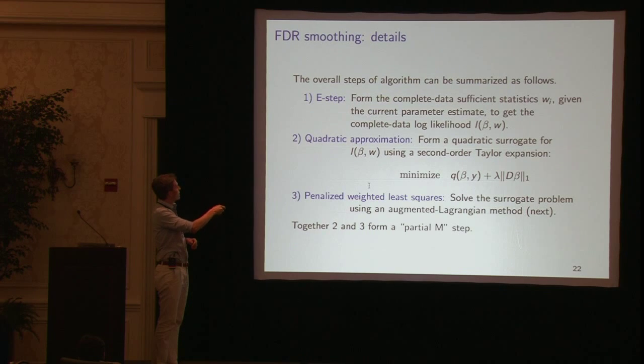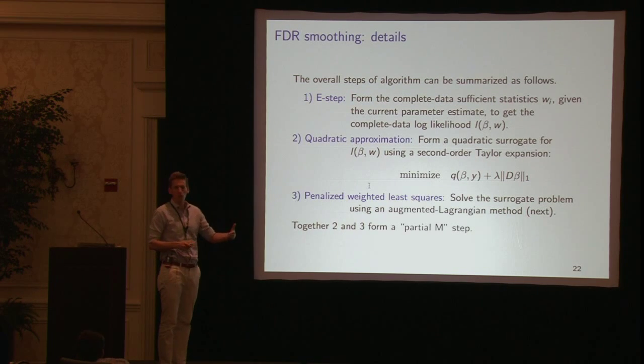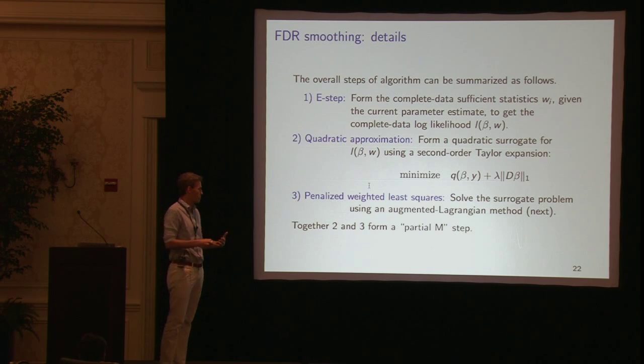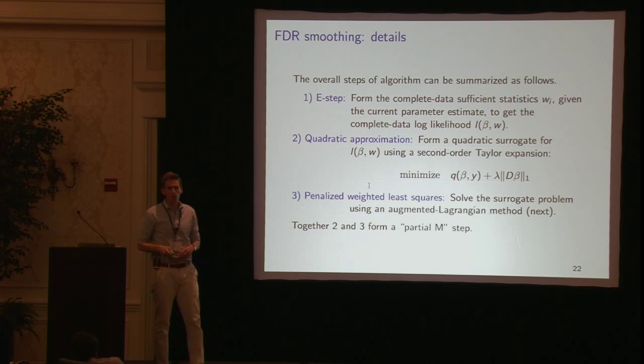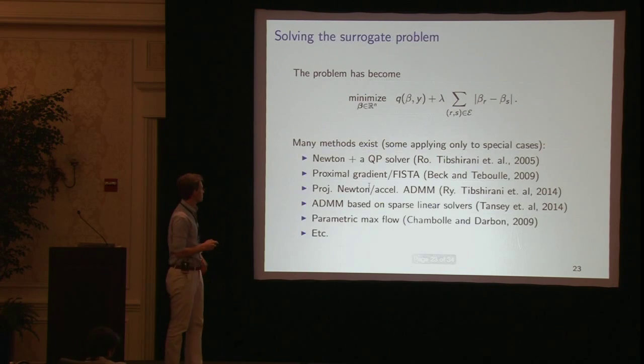So our overall step looks like this. There's the E step, which is the pretty standard step. We'll handle the likelihood bit at every iterate using a Taylor approximation. So now we end up with something that looks like a weighted least squares plus penalty problem. And all of the effort here is in minimizing this surrogate objective of a quadratic function plus this total variation penalty.